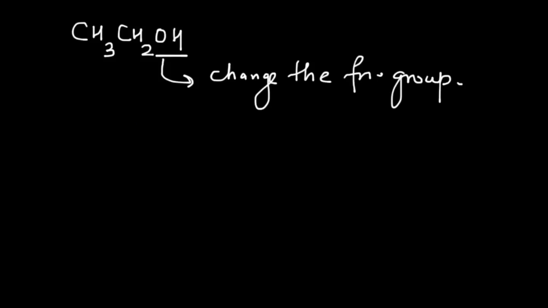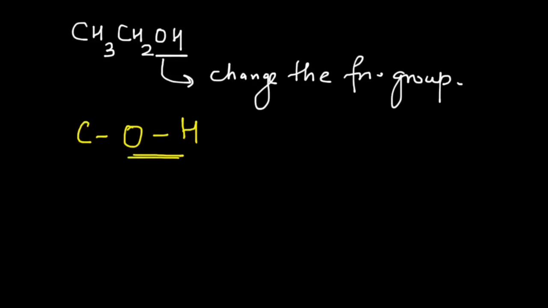Now oxygen here can form only two bonds, and in this example it has made a bond with a carbon atom and another bond with a hydrogen atom. So what I can do is change only one of these connections, and that is the connection between oxygen and hydrogen.